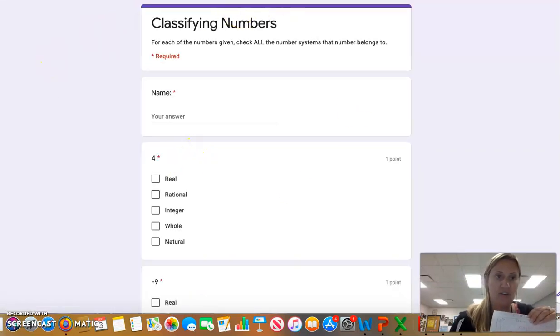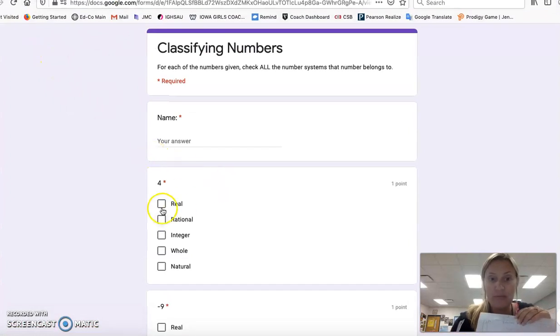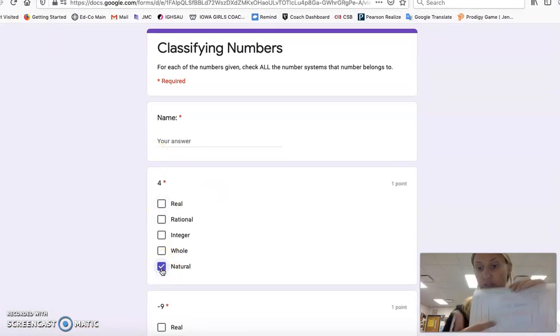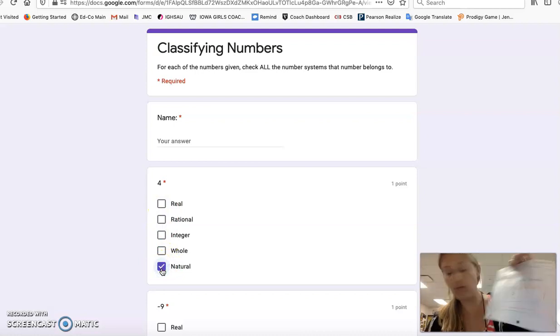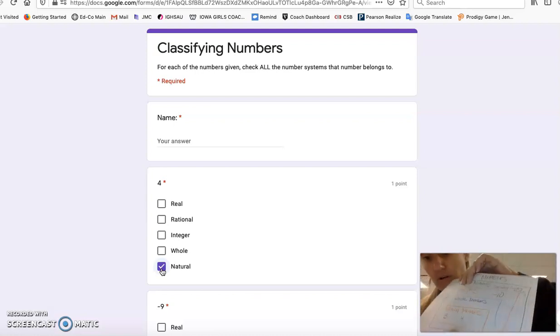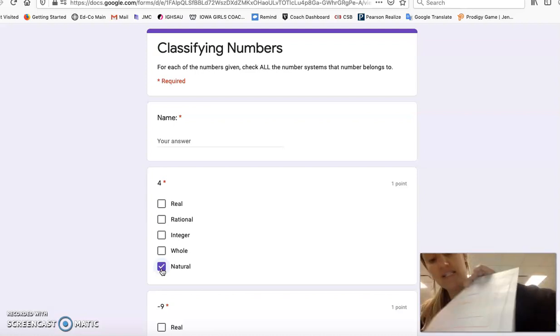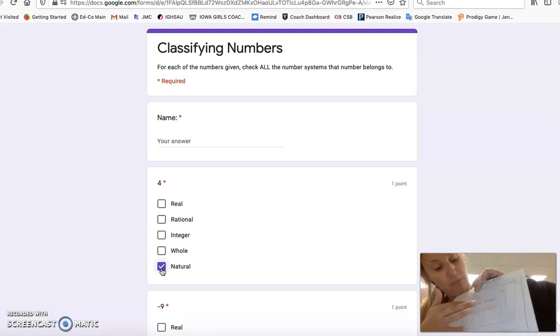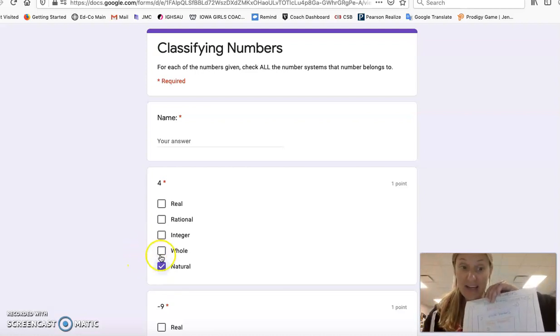Okay, so I am going to say that the number 4 is natural. Now, if I write the number 4 inside of this natural number box, what other boxes is it in? It is inside this orange natural numbers box, but it's also inside of the purple whole numbers box. So if 4 is inside of the whole numbers box, that means it's also a whole number.